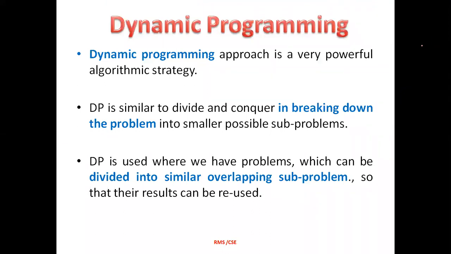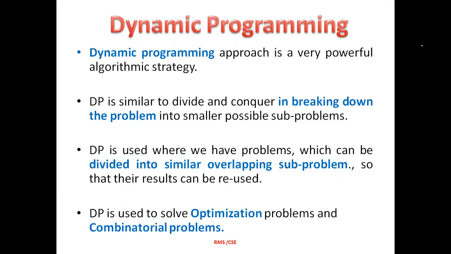Here, the problems which are divided will be similar and are overlapping subproblems so that their results can be reused. Hence, dynamic programming is used to solve optimization problems and combinatorial problems.